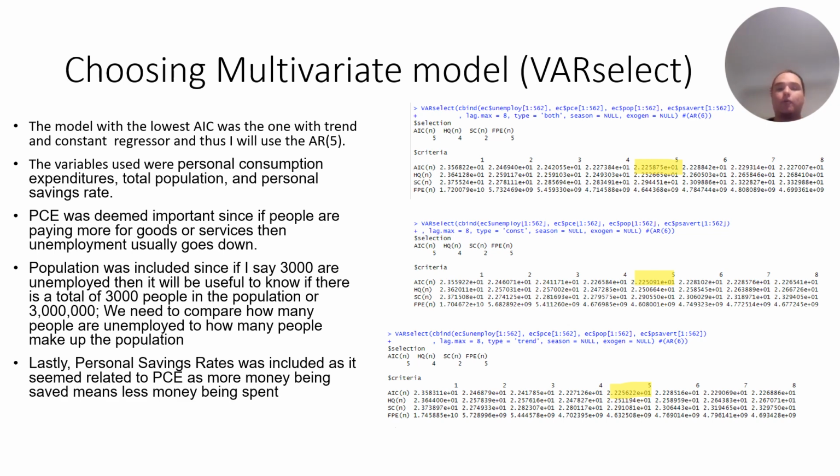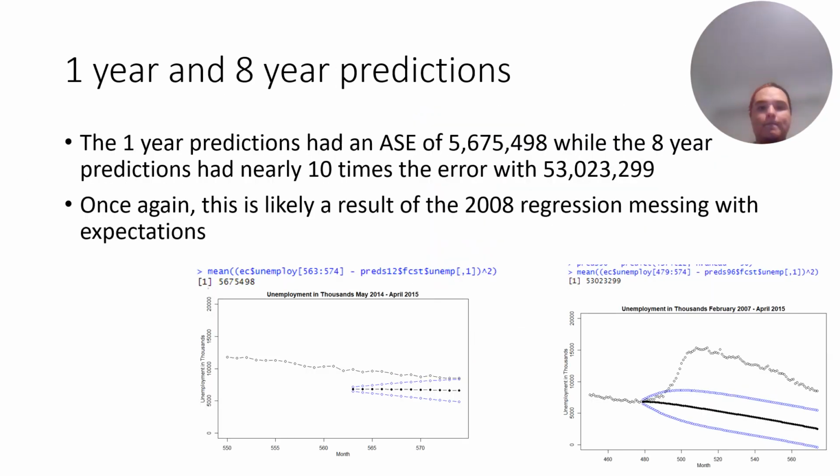So from this model, we are going to be choosing to do an AR5 because of the VARselect. Now, the variables included were only the PCE, savings, and the actual population. Median unemployment duration was not included just because it doesn't really seem like how long somebody has been unemployed will affect how many people are unemployed. It seems maybe the other way around.